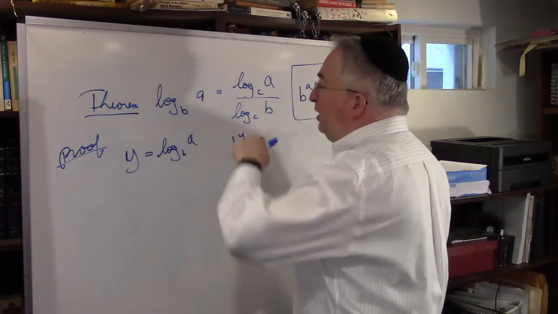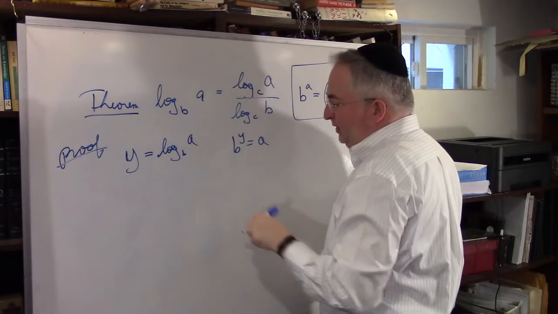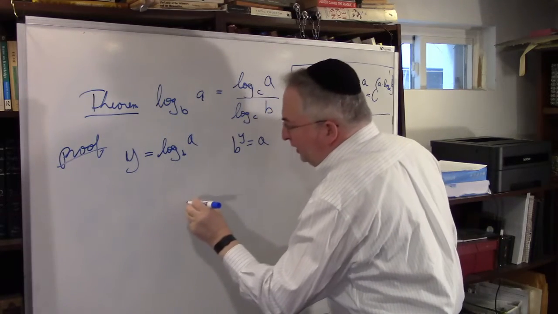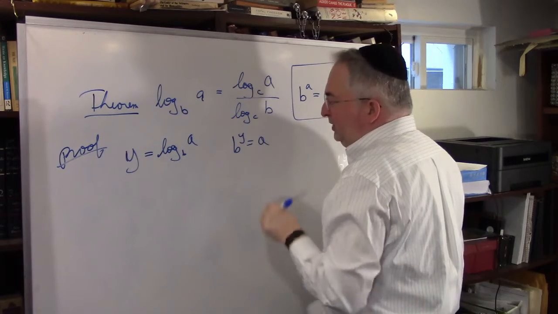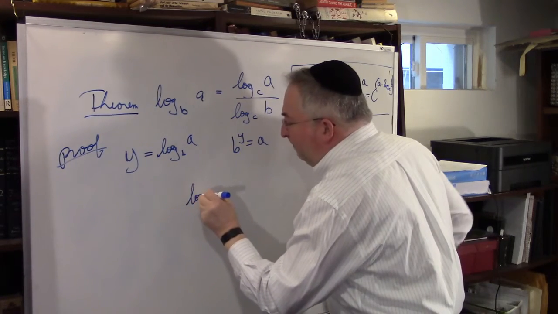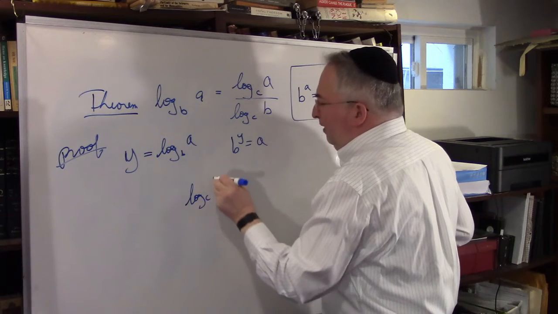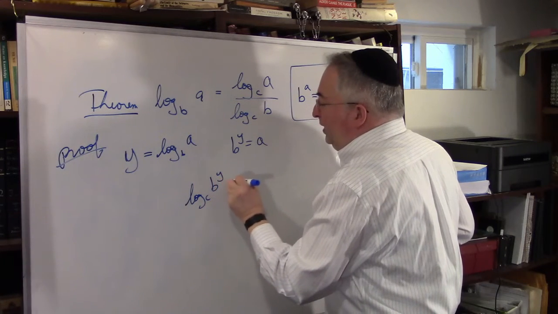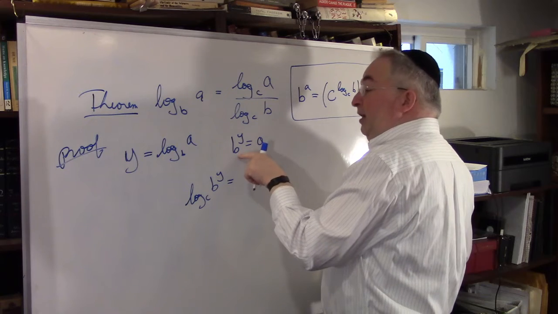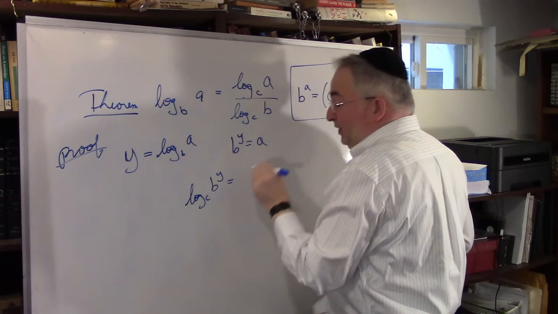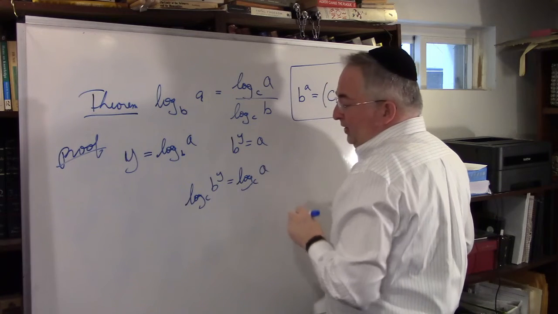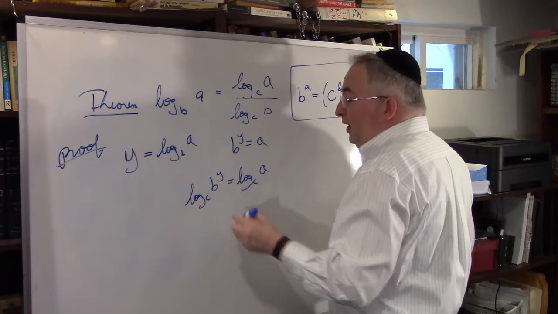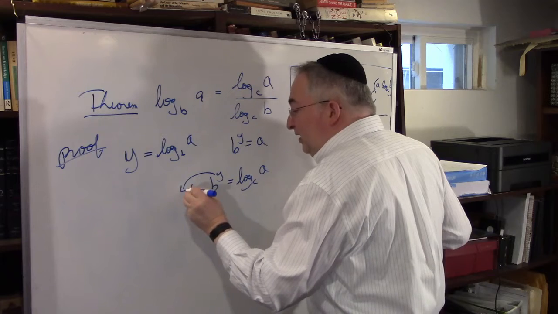Now I do have a function called log base c. So I'm going to take log base c of both sides of this. Whatever operation I do on one side, I have to do on the other side. I still don't know what y is, but I can bring the exponent across.